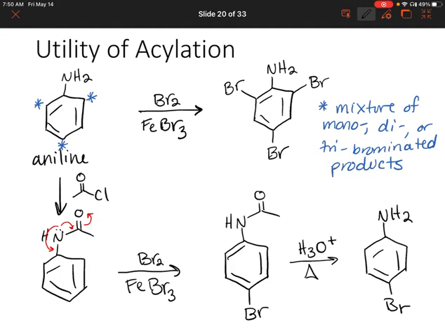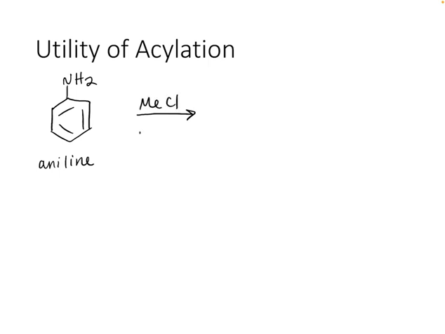Now, another reason that acylation is really useful is, let's say again we have aniline. And we want to add or perform Friedel-Crafts alkylation. So we want to add a methyl group.